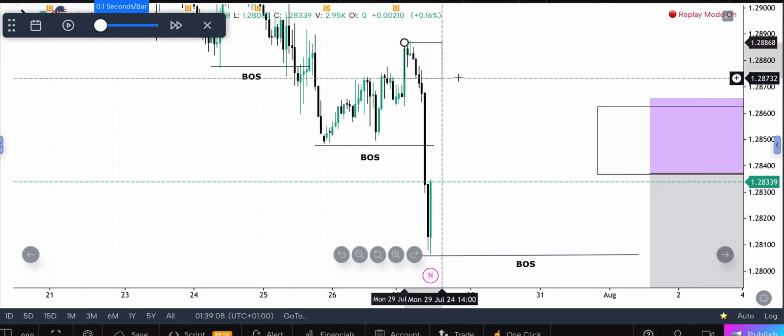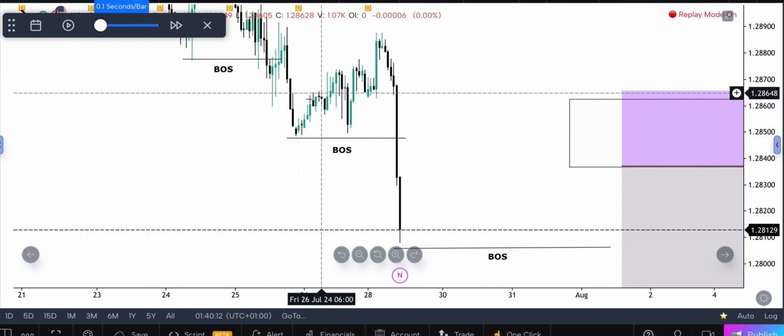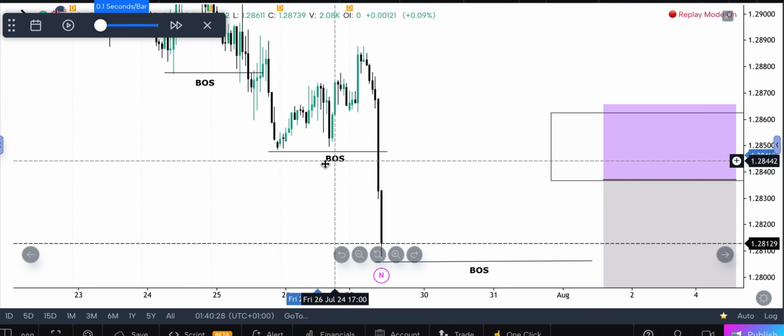Let me explain something also about structure. There's what we call internal structure and external structure. You see, after price created this lower low here, price did a pullback and created a lower high, and then price violated this lower low, so this becomes a break of structure.